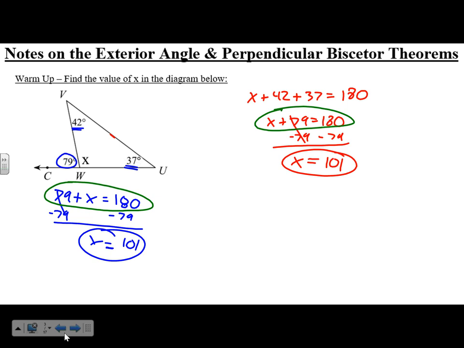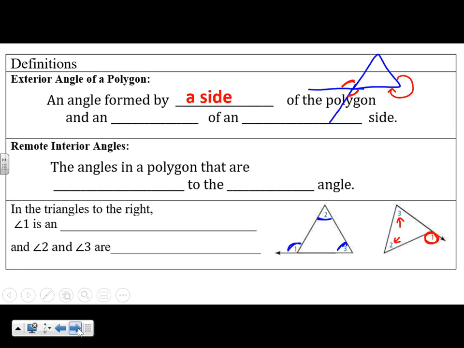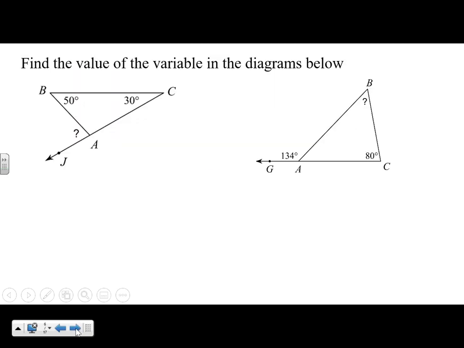The whole thing is that all three angles of a triangle have to add up to 180, but also these two make a linear pair that adds up to 180. I'm not going to go into too much depth with that because I don't want to confuse anybody, but that is why the exterior angle theorem exists.